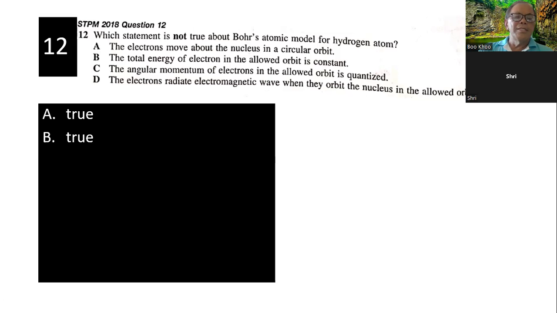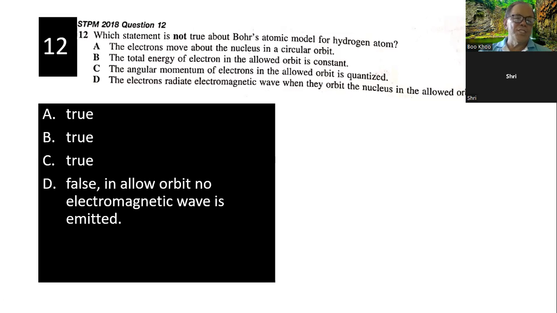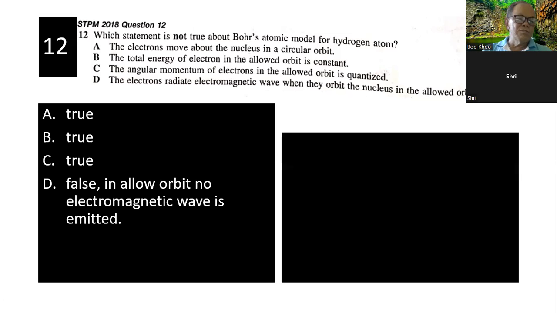True. Angular momentum of electron in the allowed orbit is quantized. True. The electron radiates electromagnetic radiation when they orbit the nucleus in allowed orbit. False. In allowed orbit, no radiation is emitted.